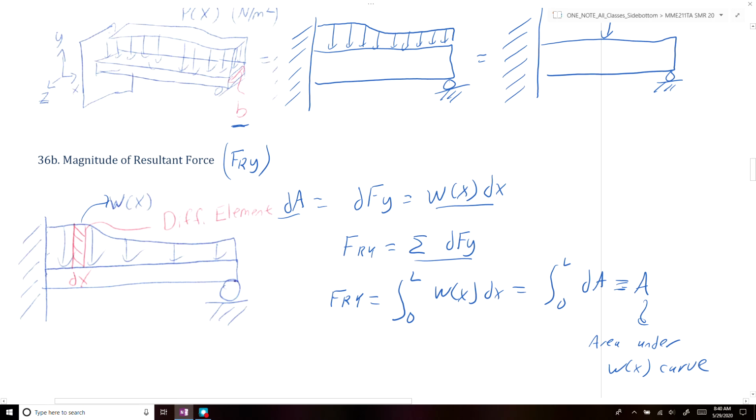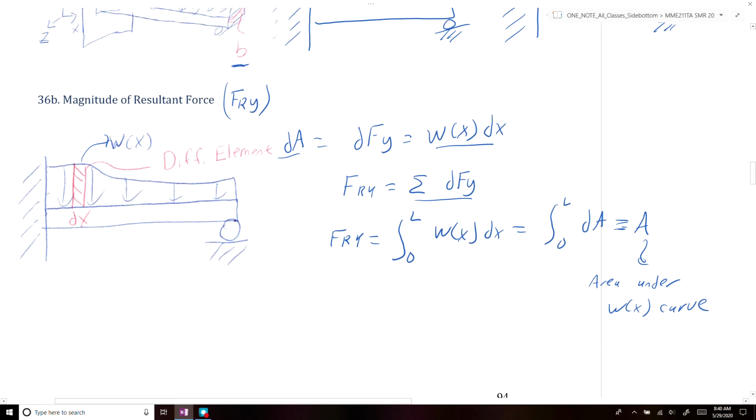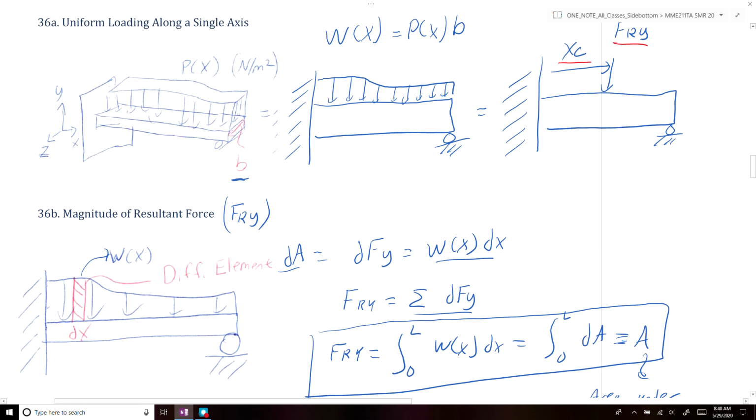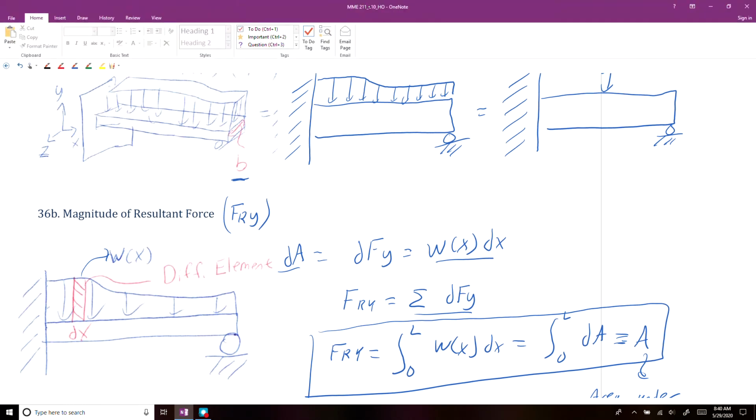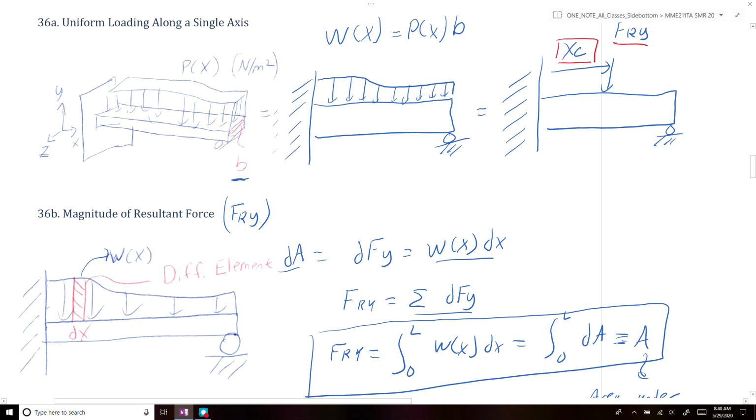So we have our equation for our resultant force.